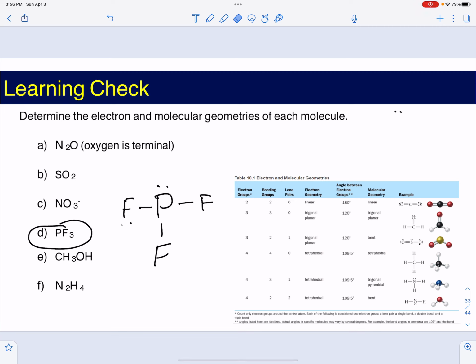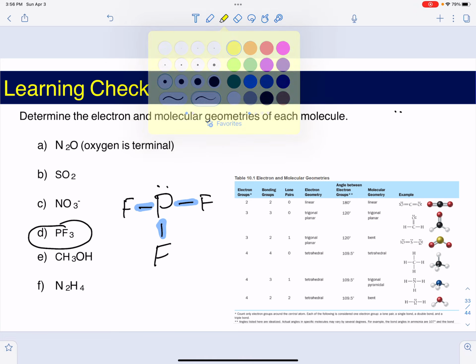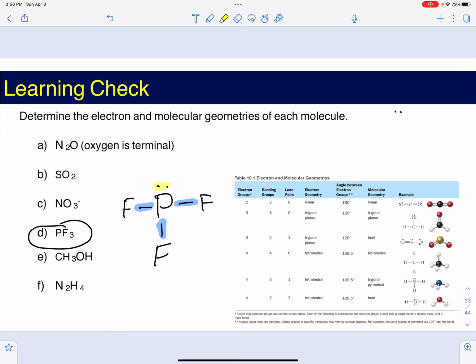I'm only going to be looking at the central atom, which is going to have 3 bonding groups and 1 lone pair. So that's also going to be trigonal pyramidal. So it's going to be something like this. Let's do another one.